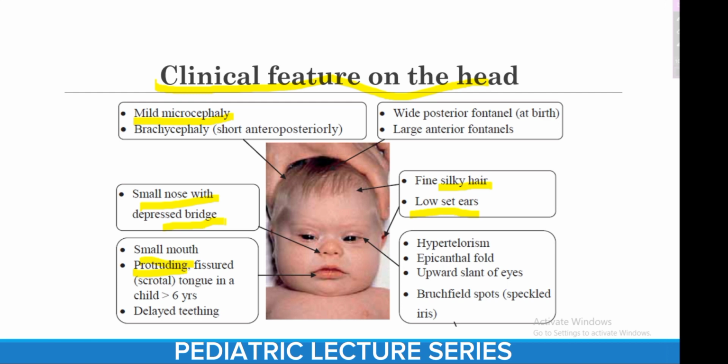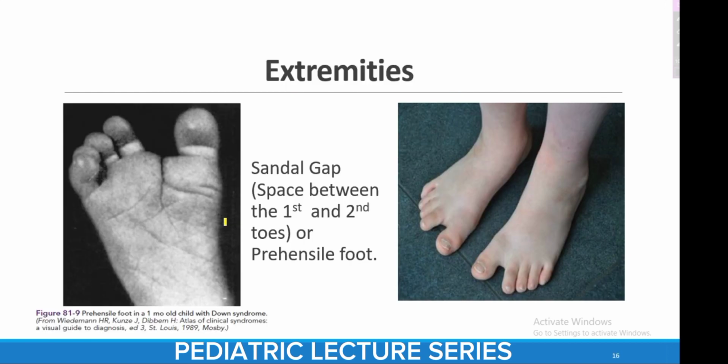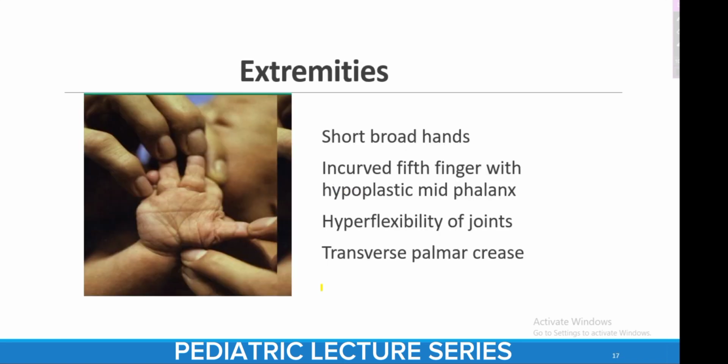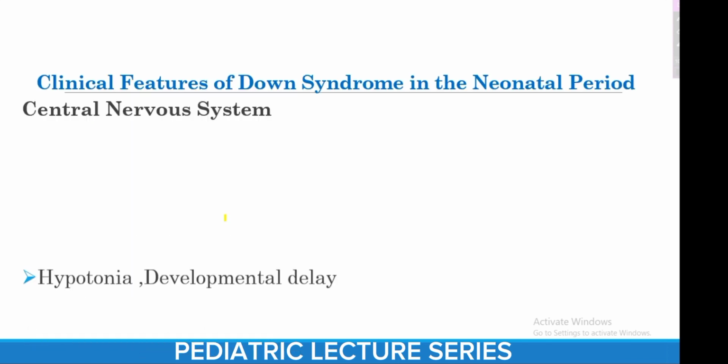All of these and more features are present in this infant. And we also have a space between the first and the second toe. Then you also have hyperflexibility of the joints, and there is this transverse palmar crease which is present.